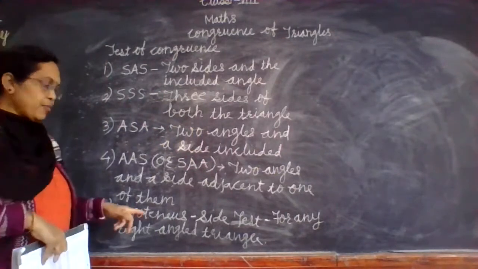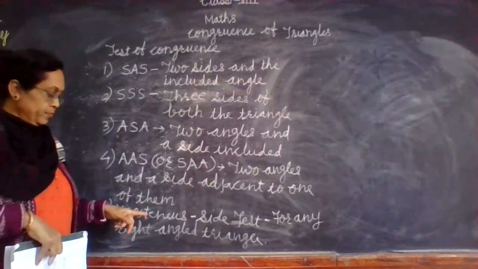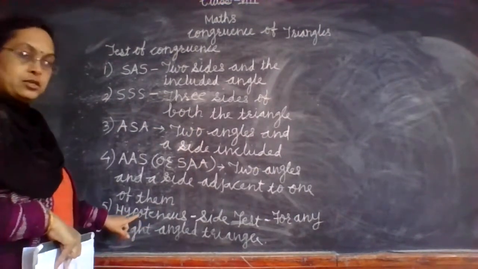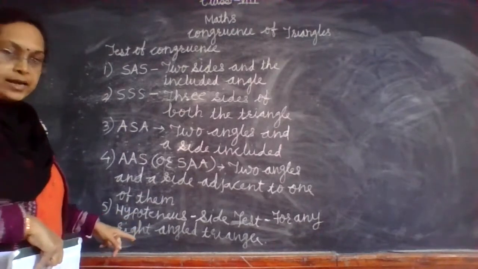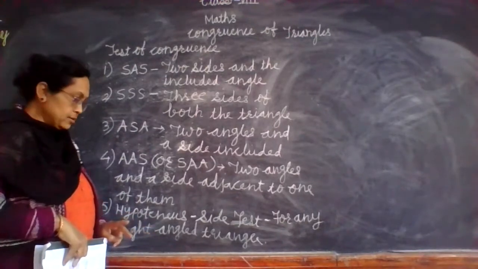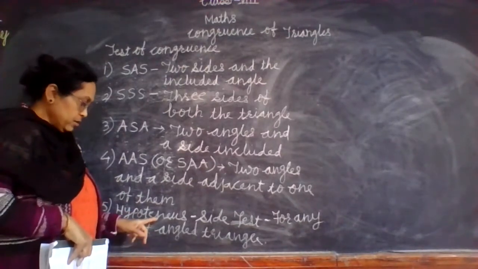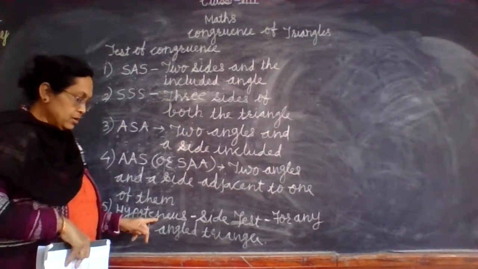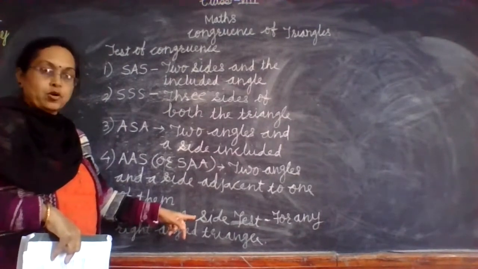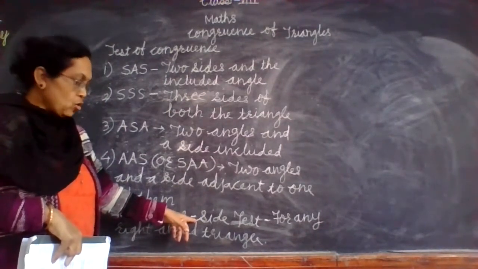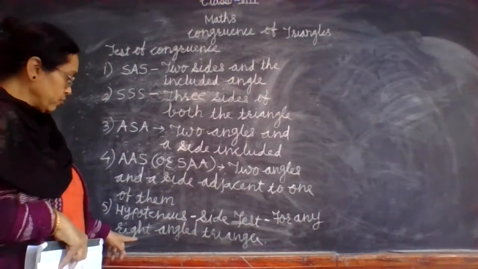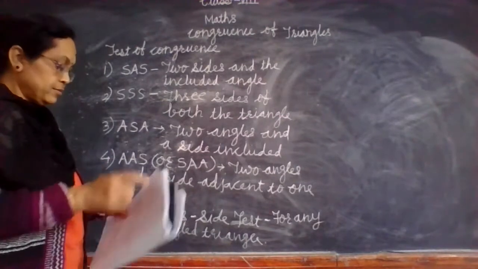Now what do you mean by hypotenuse in a right angle triangle? Wherever the right angle is there, the side opposite to that right angle is called the hypotenuse. So in two triangles which are right angled, when the hypotenuse is equal or congruent and one side remaining from the two sides is congruent, then this test allows you to do congruence for those right angle triangles.